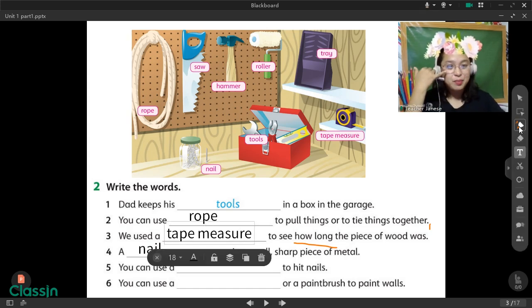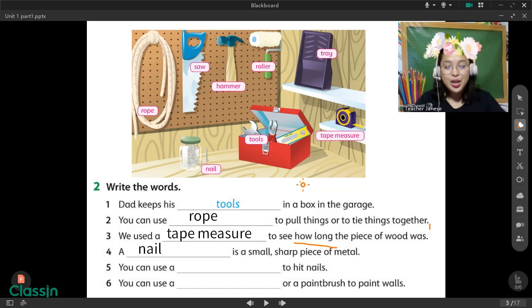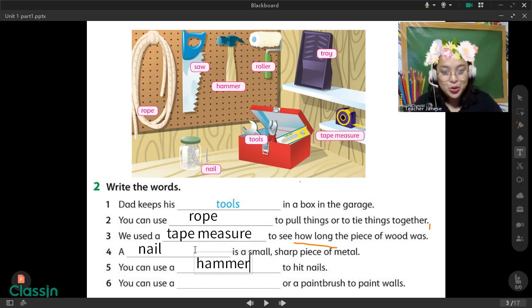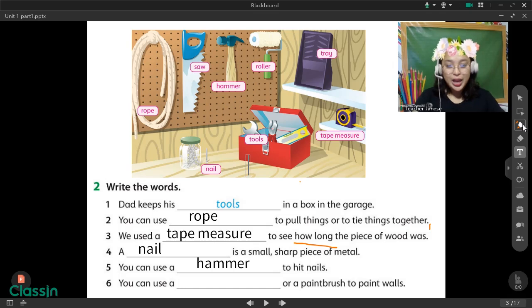Okay, that's great. It's a nail. Now, number five, you can use a blank to hit nails. You will hit the nails. You will pound the nails. So, what's your answer? It's a hammer. Okay, that's great. You can use a hammer to hit nails.